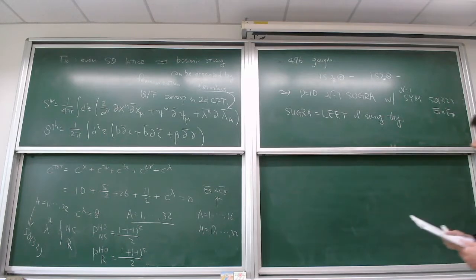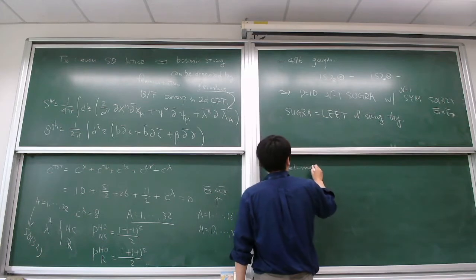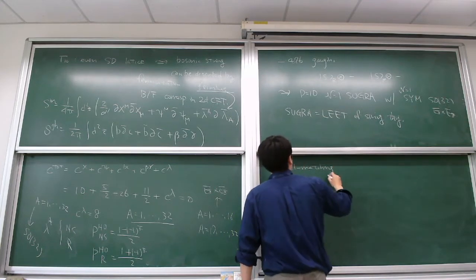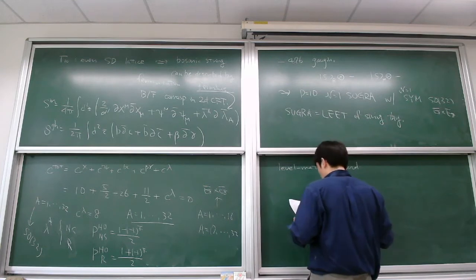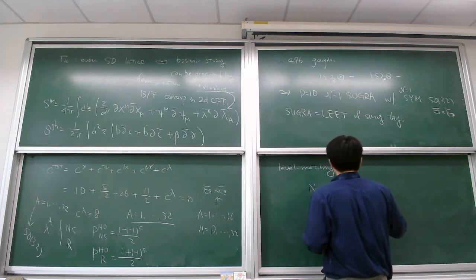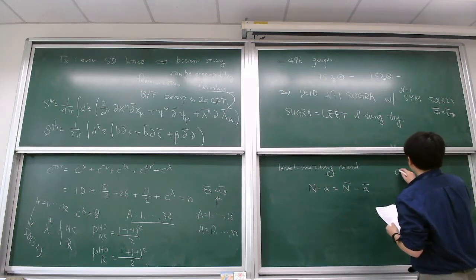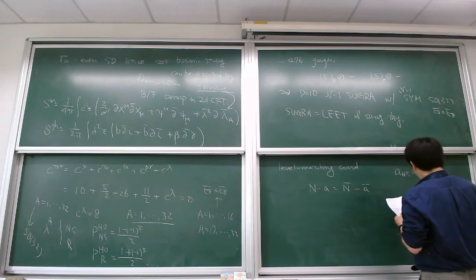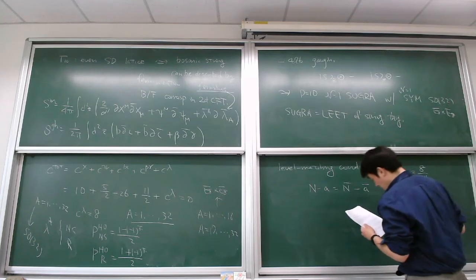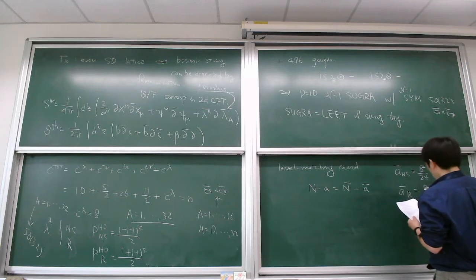Okay, and also we need to impose the level matching condition. Now it becomes N minus a, and N bar minus a bar, like the type II superstring. And now a is the normal ordering constant, which is 8 over 24. Sorry, a bar is 8 over 24.